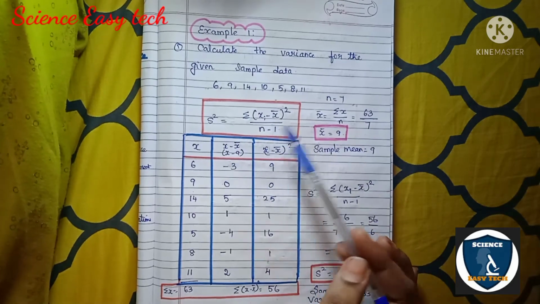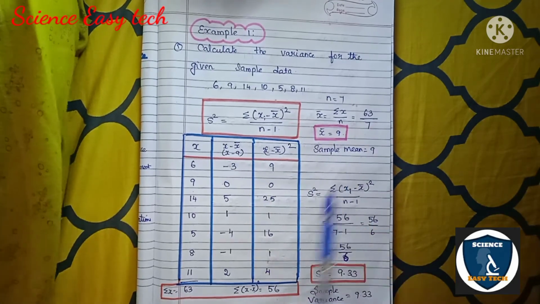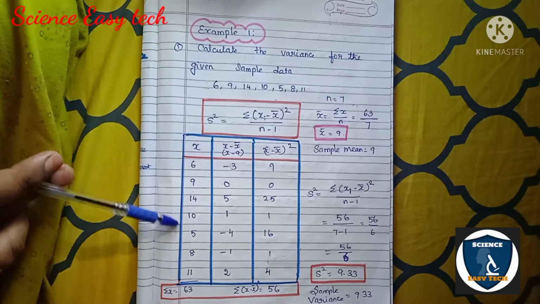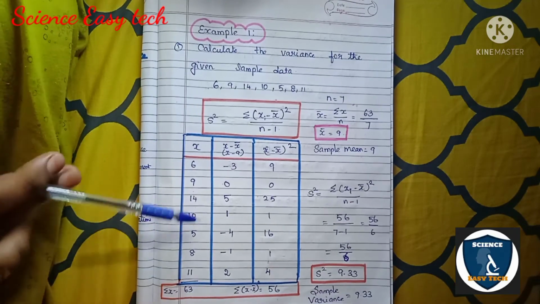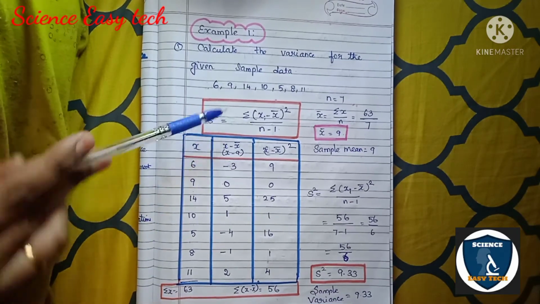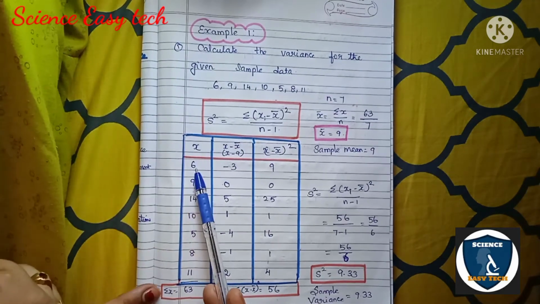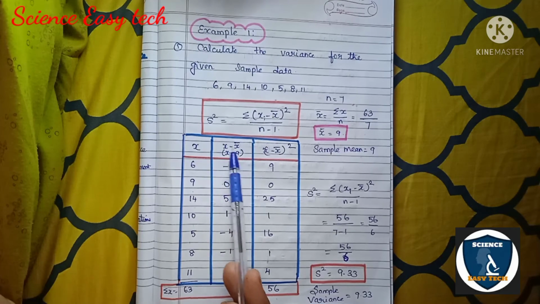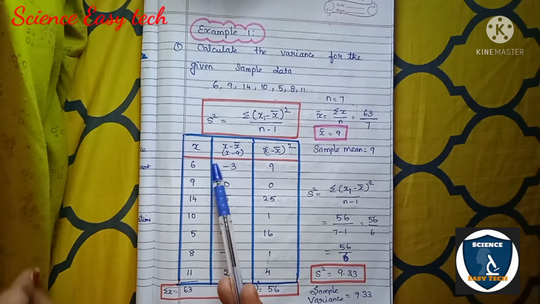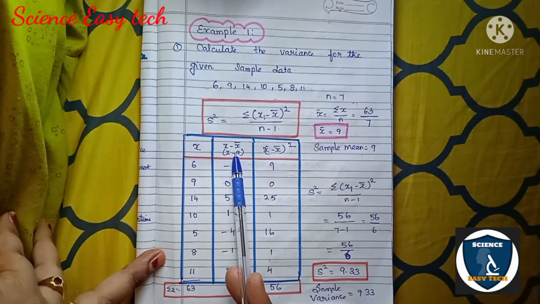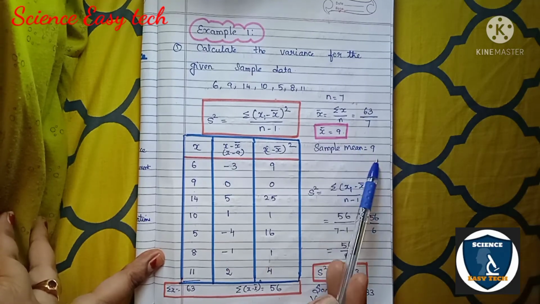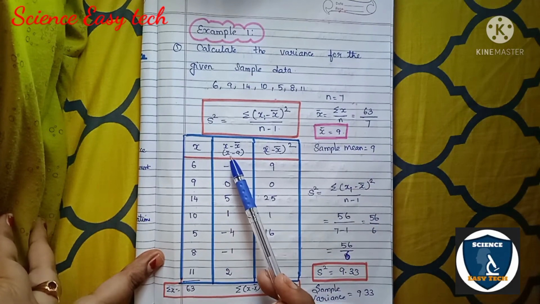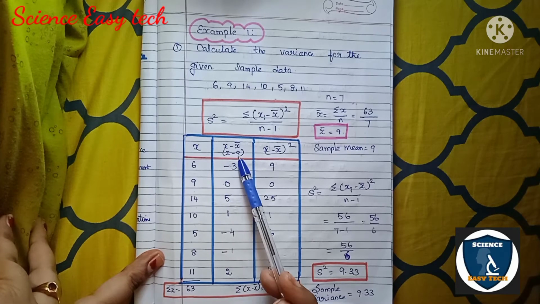Now you have found x bar. So write all the x values in the x column. Then each x value, the ith term, you have to subtract x bar from it. So x minus 9, since x bar here is 9.